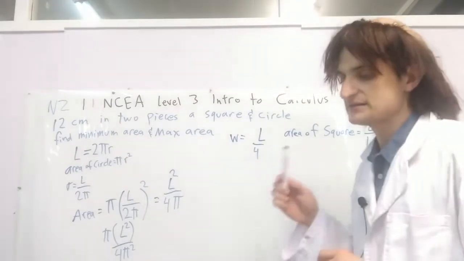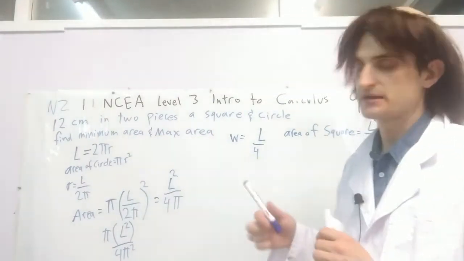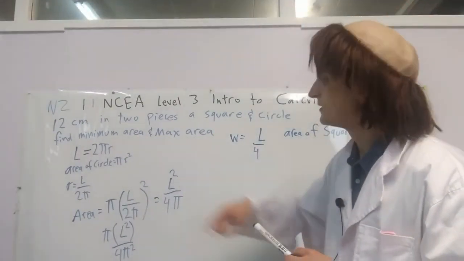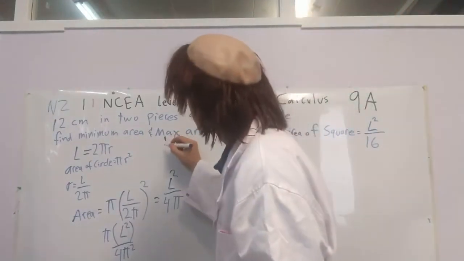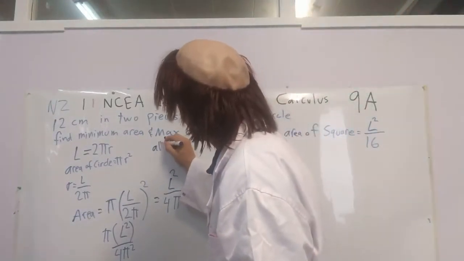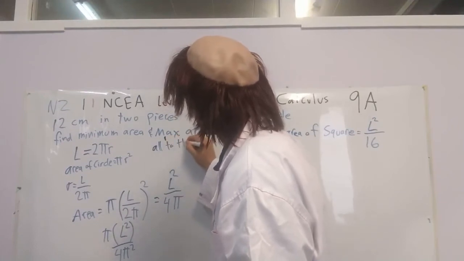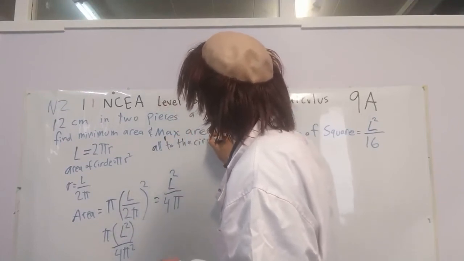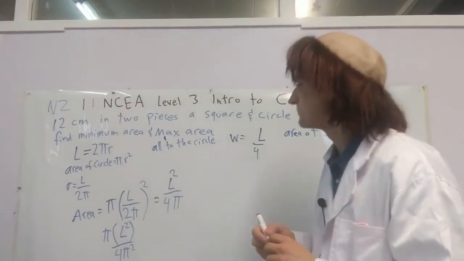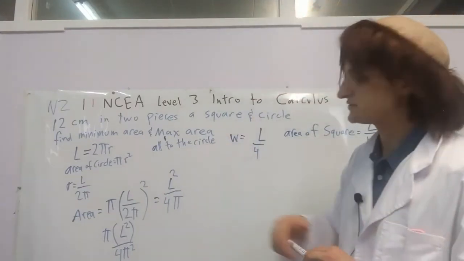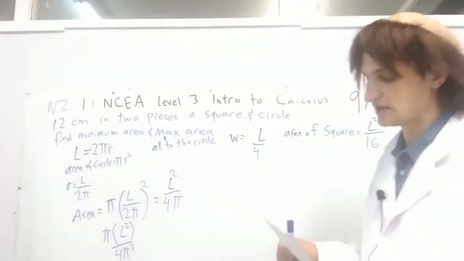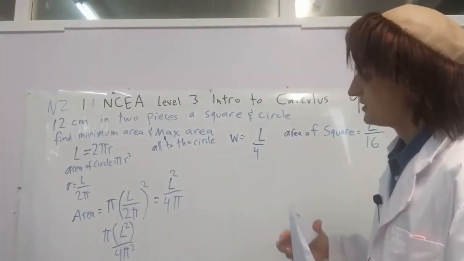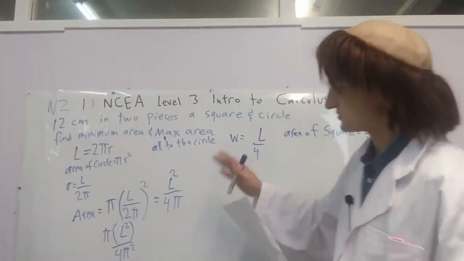The circle is the best shape for maximizing the area. So to find our maximum, our answer is all to the circle. That's our answer for maximum. We assign it all to its most efficient use, which is the circle.